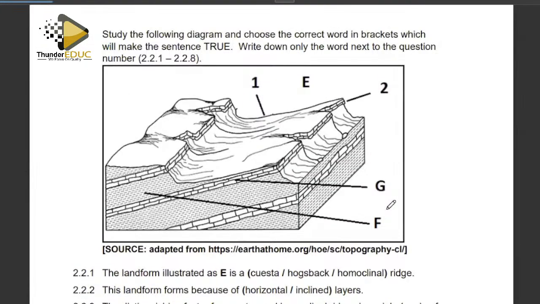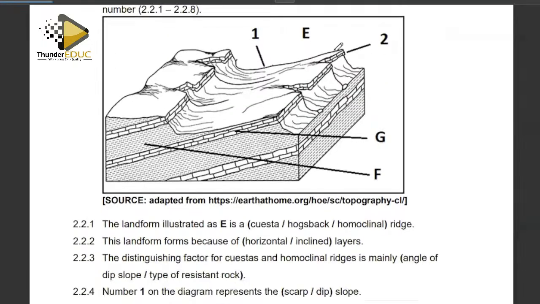Then question number 2.2 is based on this illustration again of features resulting from inclined rocks. Right, our first question is saying the landform illustrated at E. At E there, you're seeing where E is, this gently sloping landscape and steeper on the other side. Is a what kind of ridge? That is a homoclinal ridge.